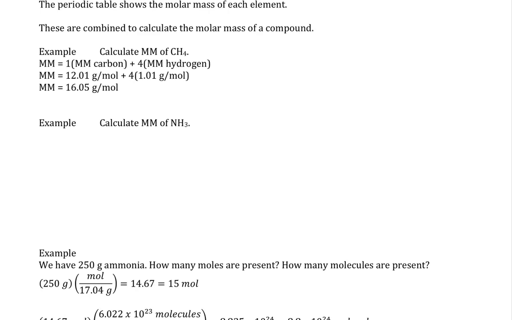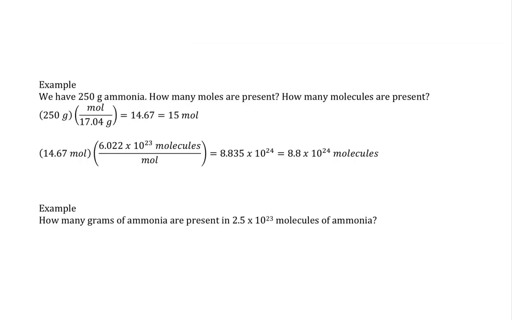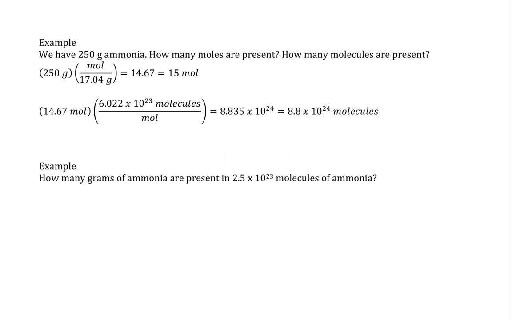So we have 12.01 grams per mole plus 4 times 1.01 grams per mole. The molar mass for CH4 is 16.05 grams per mole. Calculate the molar mass of NH3. NH3 is ammonia. So come back and do that problem.